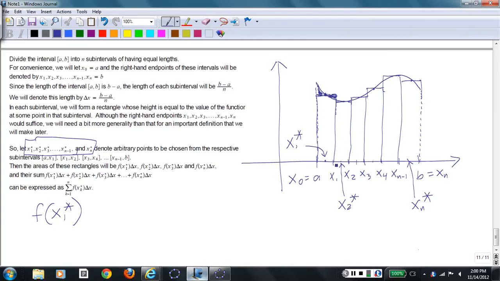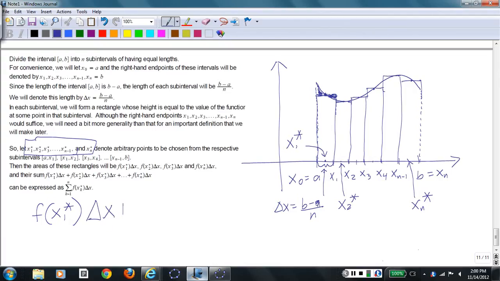If I multiply by the length of the interval, I'm going to call that delta x, and that's going to be b minus a divided by n. If they're all the same, then it's the length of the entire interval, b minus a, divided by however many there are. If there's 6 of them, it's b minus a divided by 6. So delta x is b minus a divided by n. It's the length of each one of those little subintervals. The height of that rectangle times the width of the little subinterval is going to be the area.